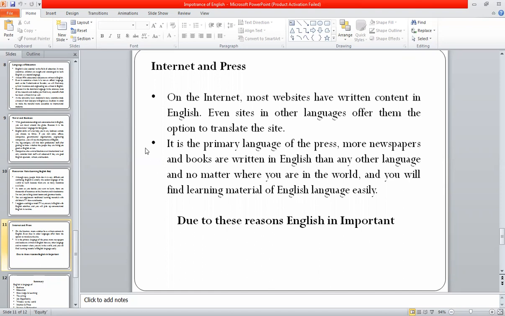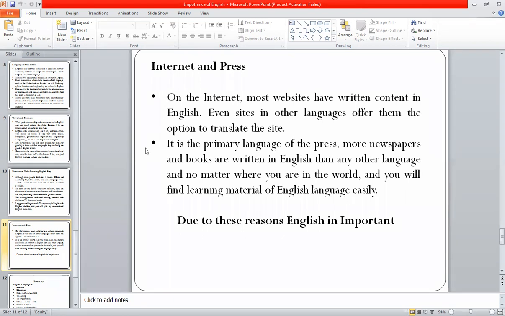And no matter where you are in the world, you will find learning material of English language easily. If you are not in your country, if you are in a foreign country, when you start walking on any street, you will find footpaths and many street hawkers, or small book stalls at many corners of any country.